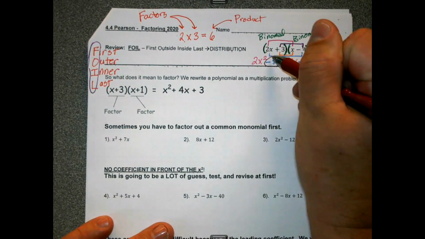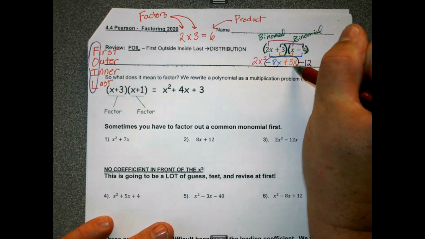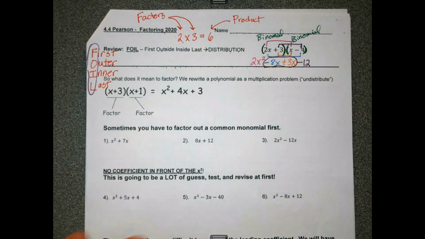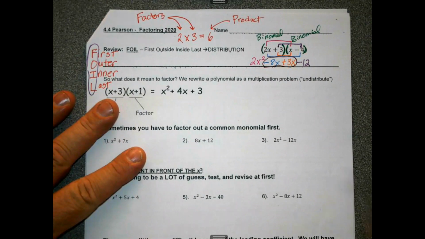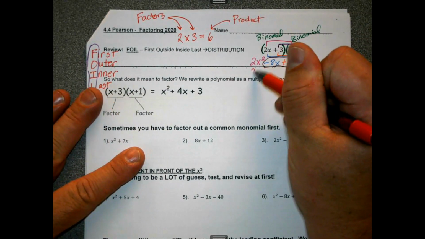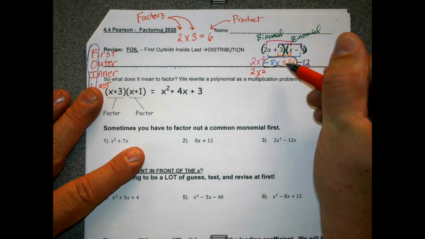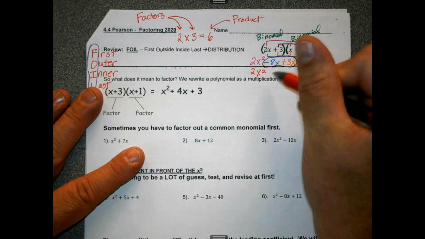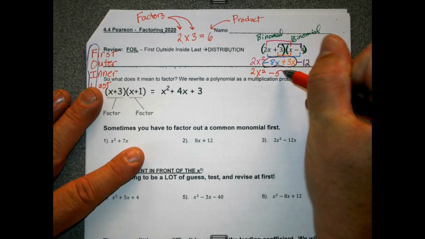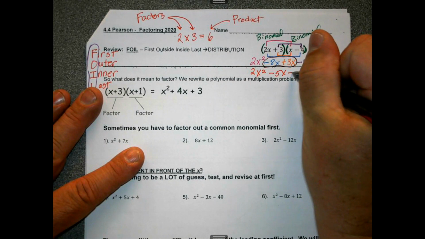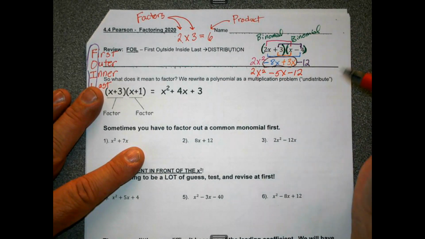In this case, the x to the first terms. I always have to combine those. In this case, I'm combining a negative and a positive, and my answer is 2x squared, negative 8x plus 3x, negative 5x, minus 12. So there's my product.